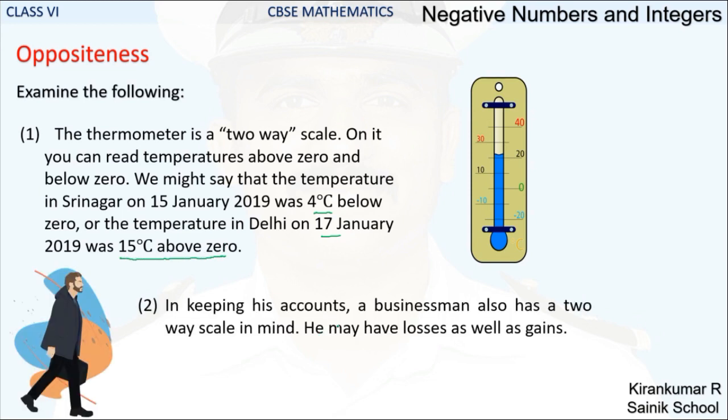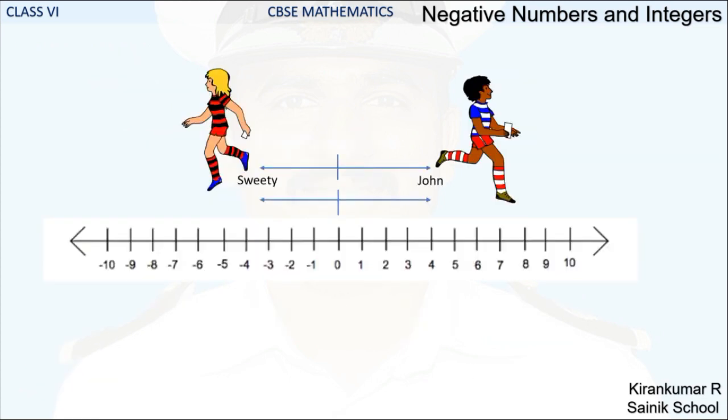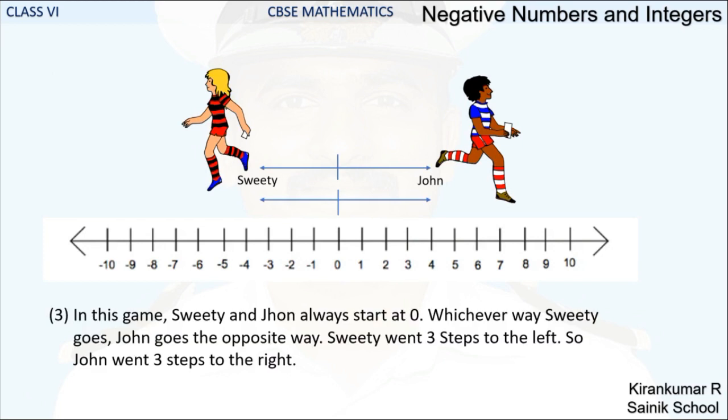In keeping his accounts, a businessman also has two-way scale in his mind. He may have losses as well as gains. Here are two persons, Sweetie and John. They are playing a game. In this game, Sweetie and John always start at 0.